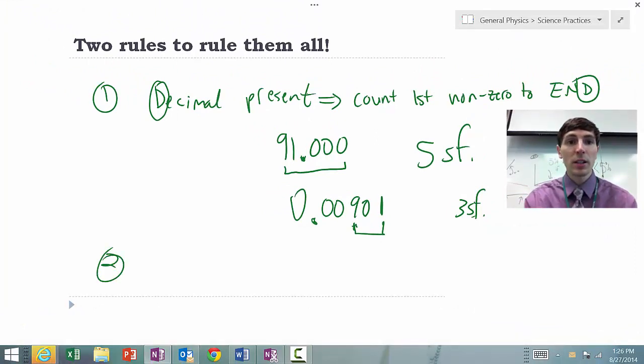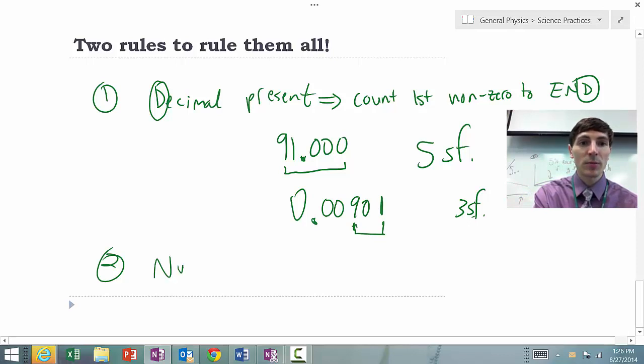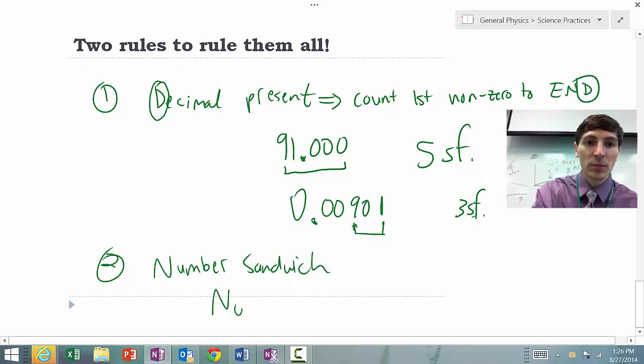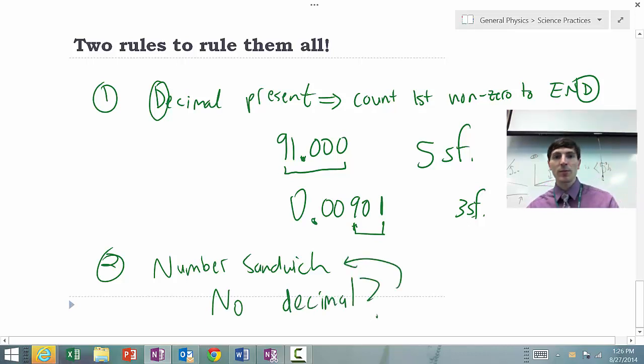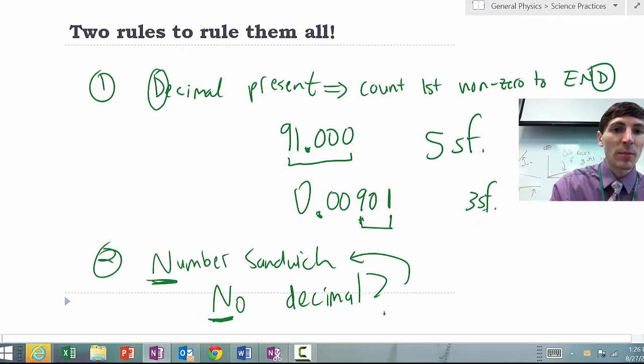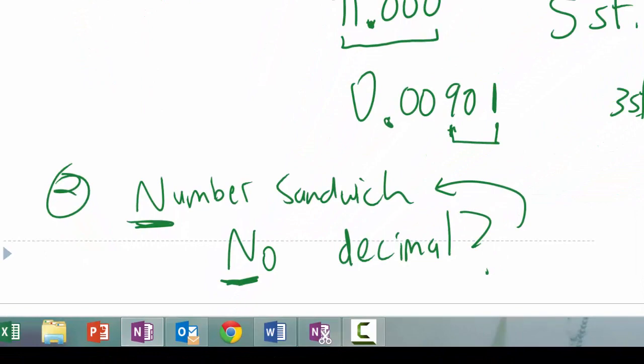Okay. Second rule. The second rule is just the number sandwich rule. The number sandwich rule says this: if there's no decimal, then you make a number sandwich. I want you to think of that N. No decimal, number sandwich. When do I make a number sandwich? When there's no decimal.